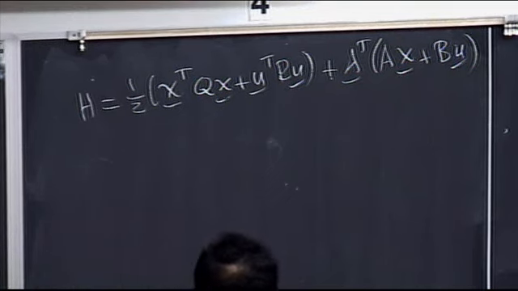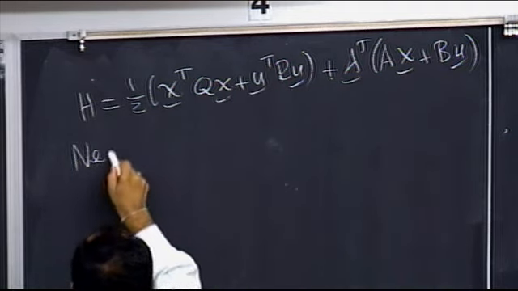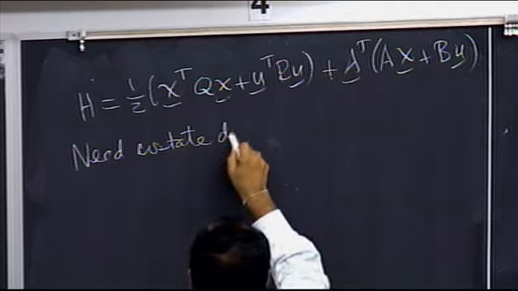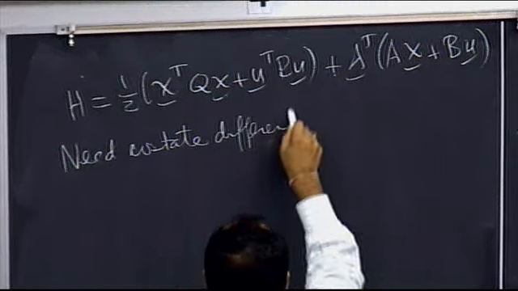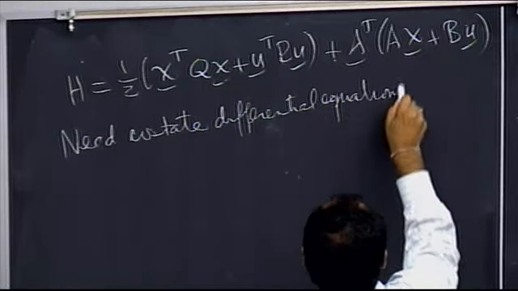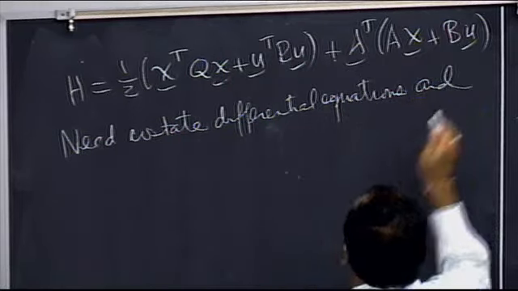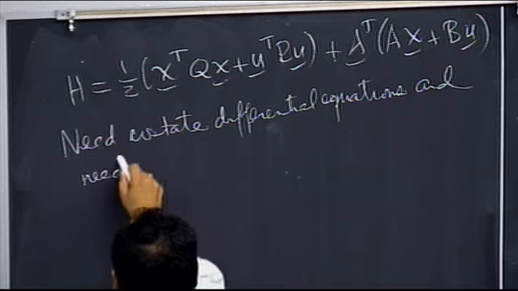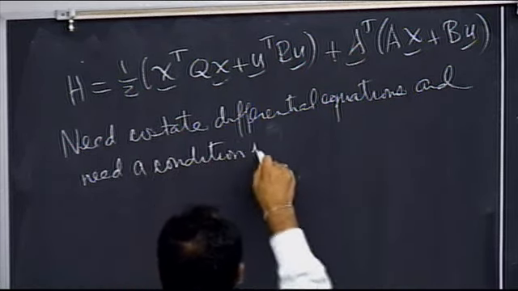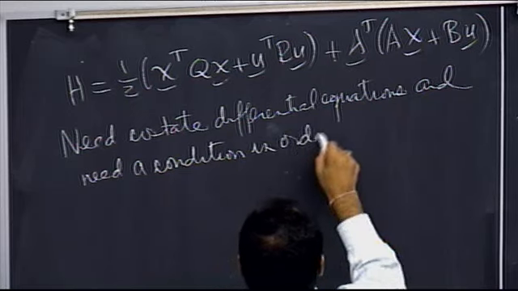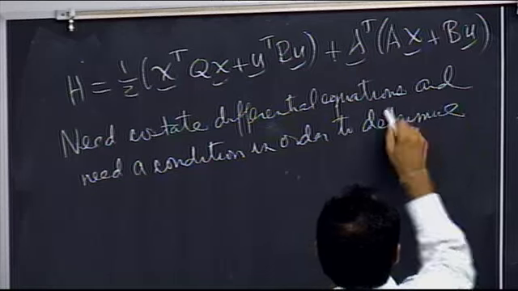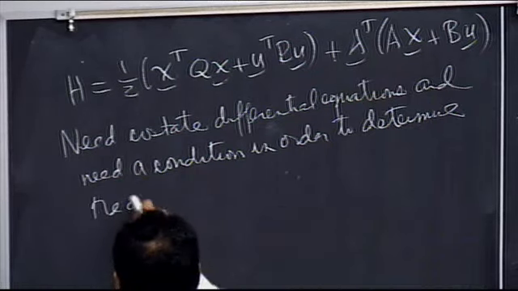Now, we need the following things. We need the costate equations, so the costate differential equations, and a condition in order to determine the optimal control.